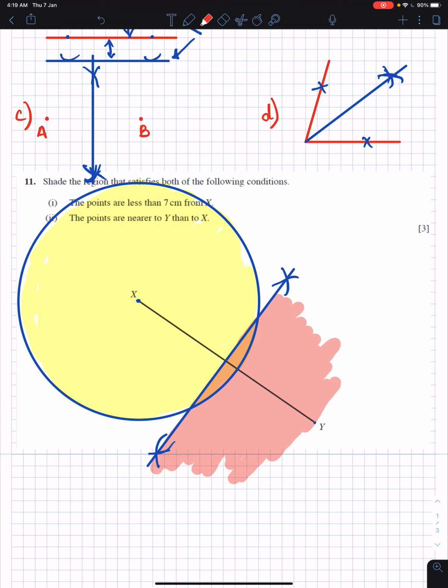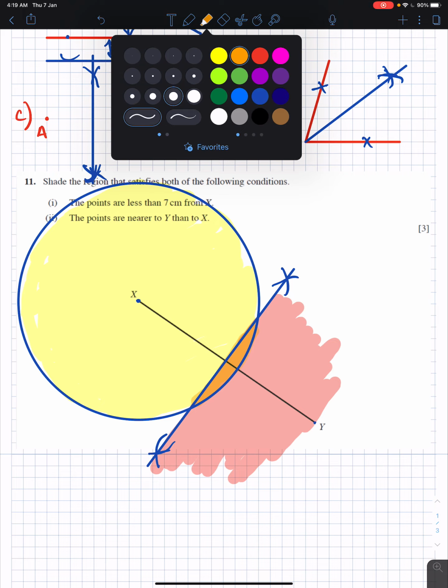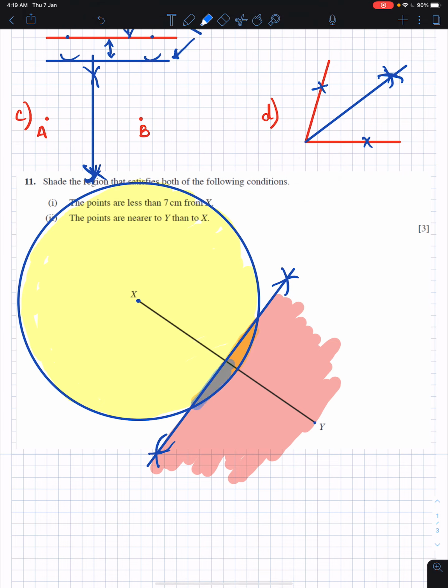The yellow region satisfies the first part of the question. And this orange region that I'm going to highlight now, let me highlight a little more. This region that I'm shading right now, this is the eventual region, the intersection of both the regions where the point can lie. So this is how you solve loci questions.